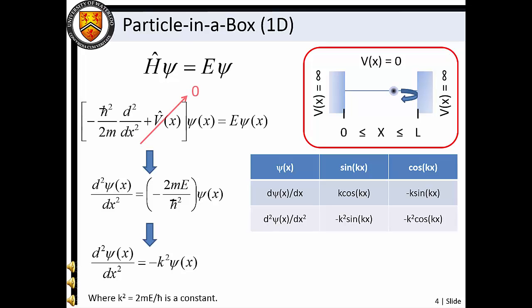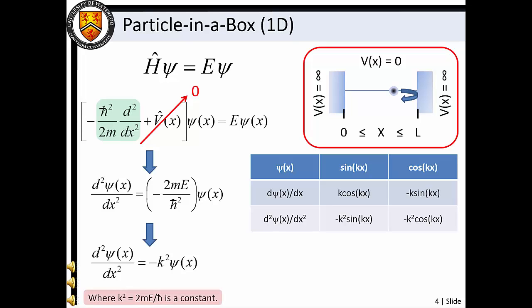The quantum mechanical operator for kinetic energy is minus h bar squared over 2m times d squared by dx squared, which you can compare with the classical kinetic energy of p squared over 2m. Thus we find that taking the second derivative of the particle's wave function must return the wave function, but multiplied by some constant.